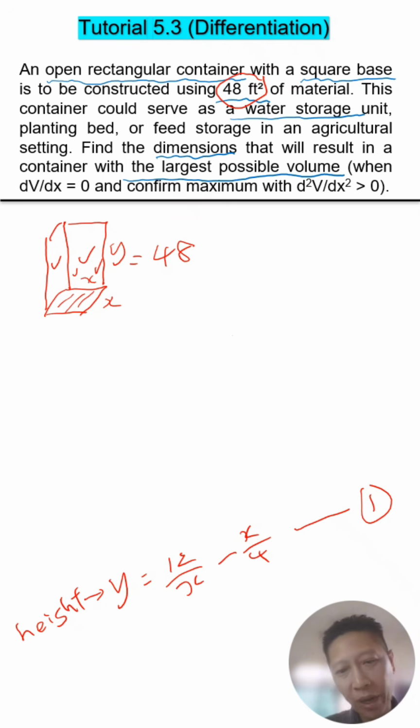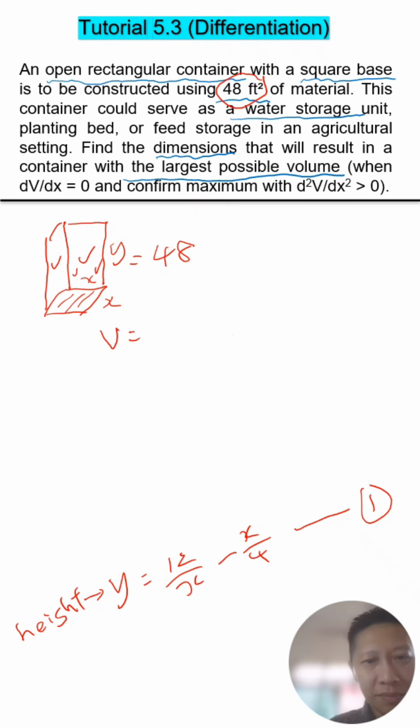Okay, our mission is to find the maximum volume that can be created. To find the maximum volume, we need to find the relationship between the volume, x and y.